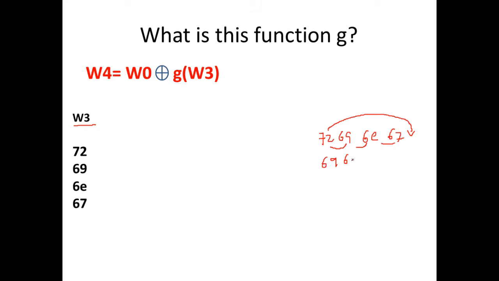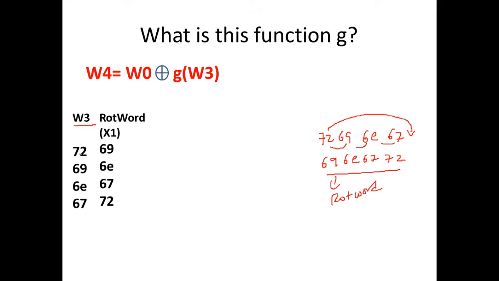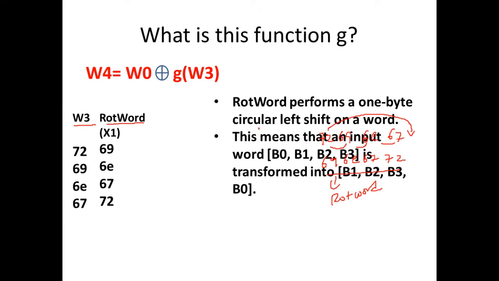It's 69, 6E, 67, 72. So that is the very first step. Perform a cyclic left shift by 1 byte and you will be able to get the RotWord. So this is nothing but the output after you perform a cyclic left shift by 1 byte on W3. So that's what is given here. RotWord performs a 1 byte circular left shift on a word.